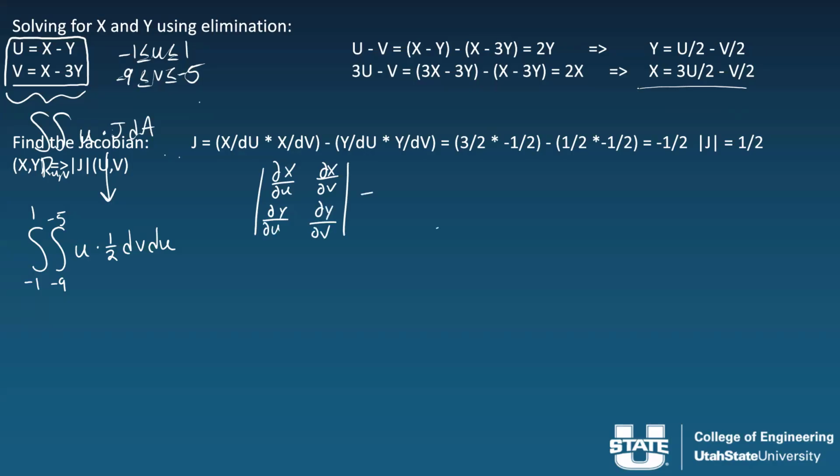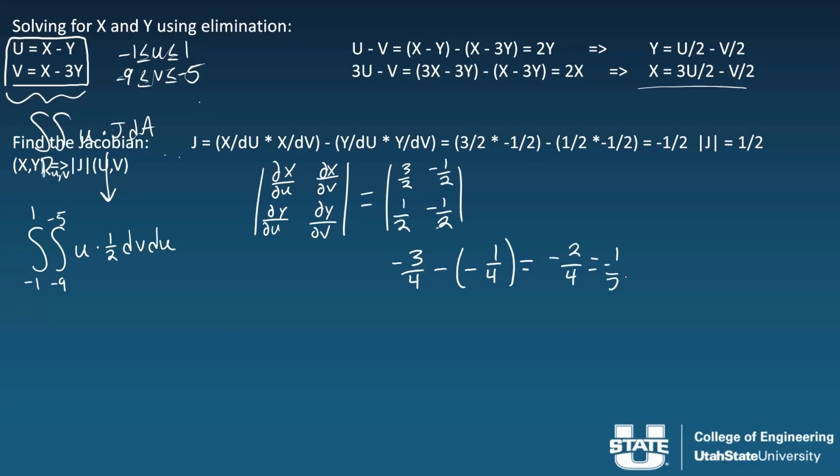And when you do that, del x del u is 3/2, del x del v is -1/2, del y del u is 1/2, and del y del v is minus 1/2. So when you calculate that, you get minus 3/4 minus a negative 1/4, which is minus 2/4, which is minus 1/2. And then you always take the absolute value of your Jacobian, and we get 1/2.